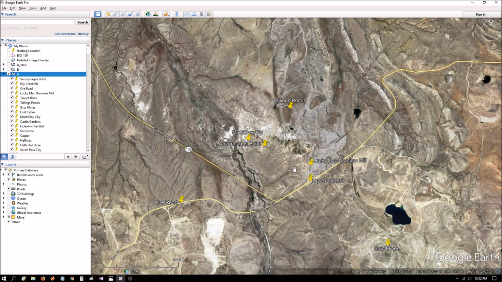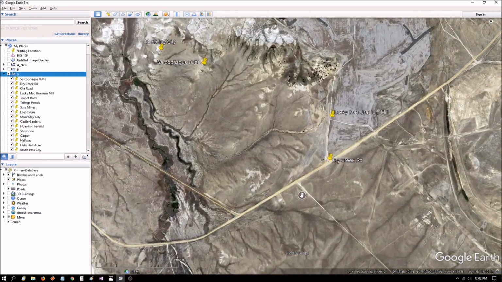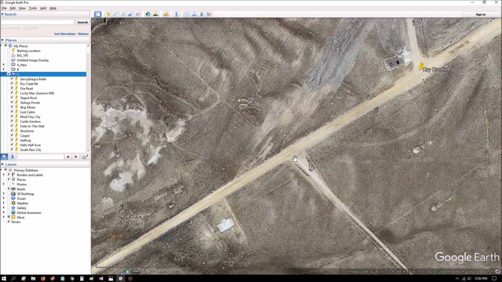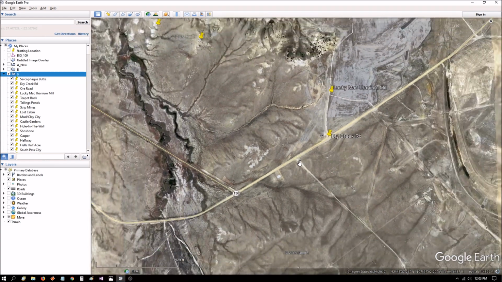This is private property. But there's a slit in this property from here that goes up to the butte and then back down around this way. That is the only BLM land in this area. It's not owned. You can park your car. There's a couple of stones and a marker over here that describe the mines.